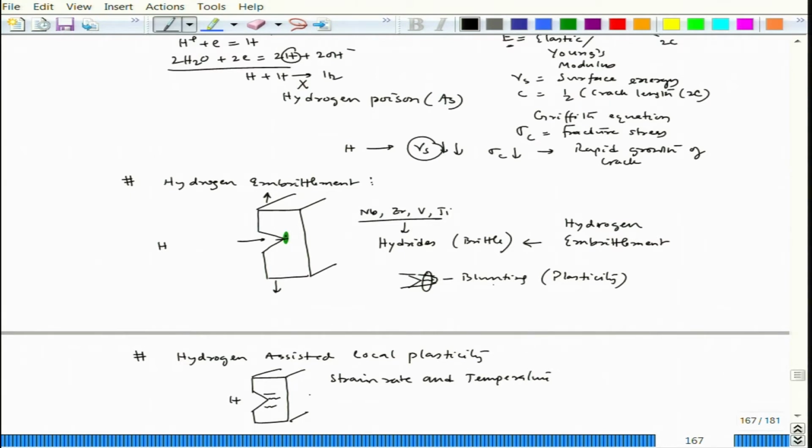So this is hydrogen atom diffusion. Due to the diffusion, it reduces this particular force, and this leads to a plastic zone. This hydrogen diffusion helps in inducing plasticity.